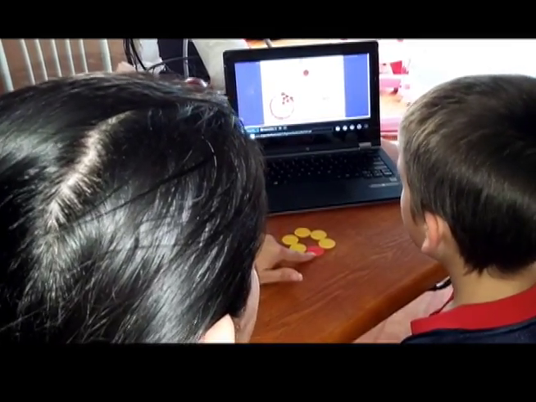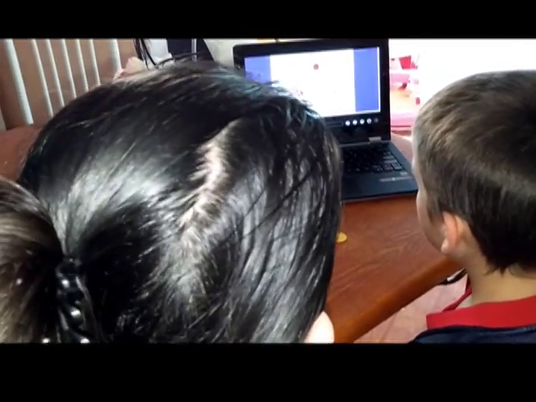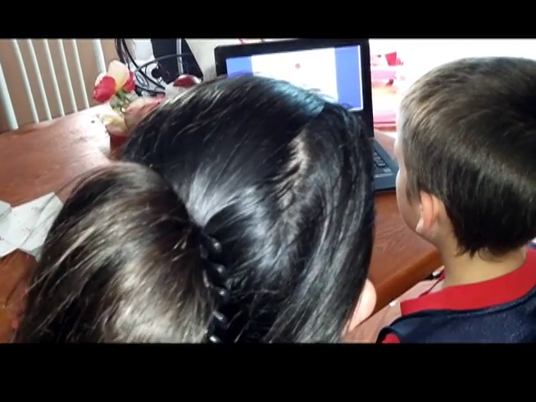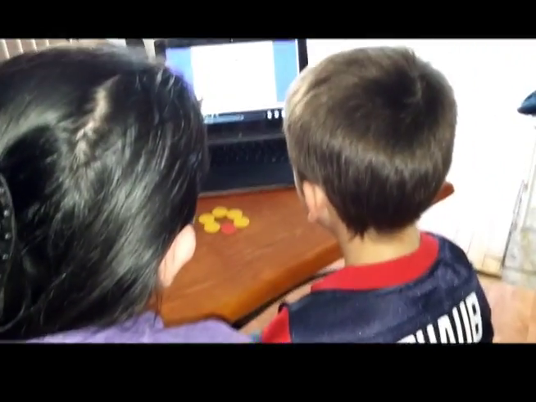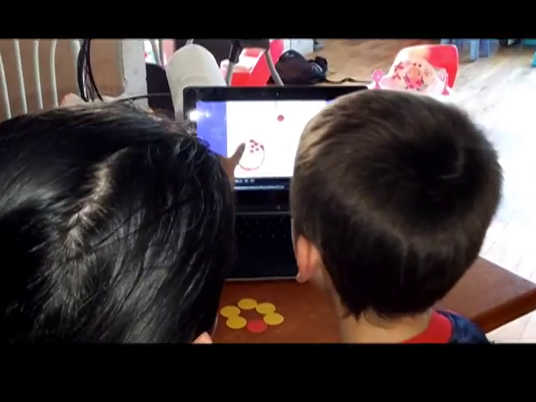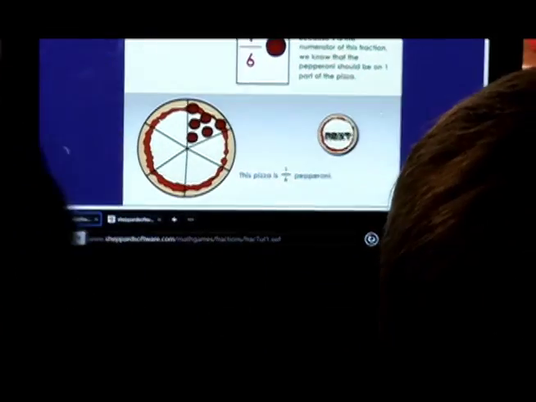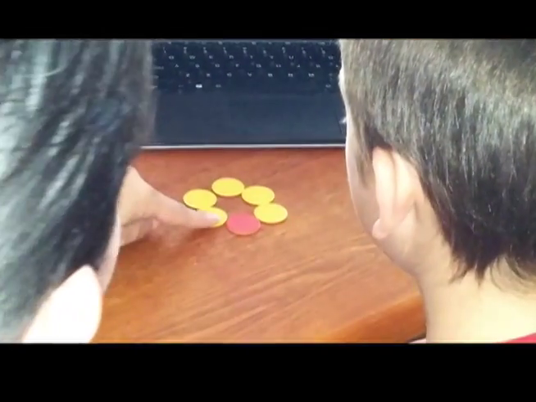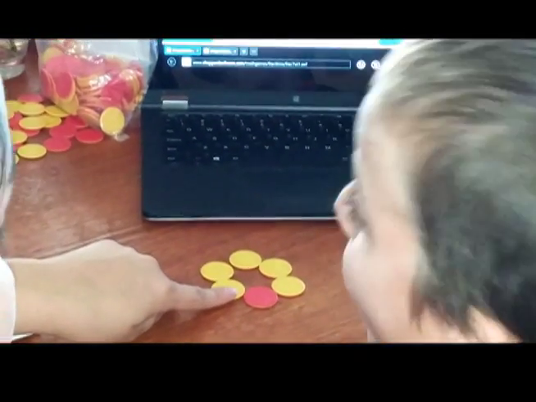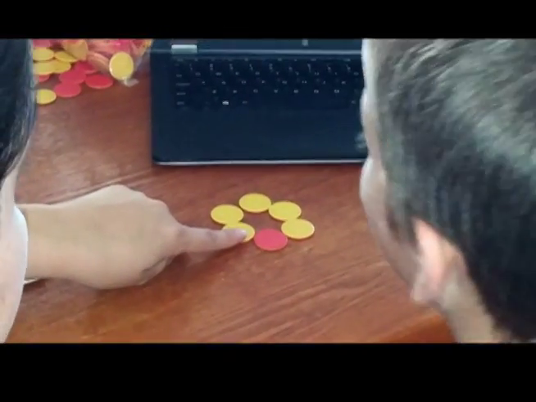Now you said that this would be the 1/6, correct? So look, you have one part here, and then look at this. You have one part that has pepperoni. Look, 1, 2, 3, 4, 5 parts do not have pepperoni, and that's all cheese. And look what you have down here. 1, 2, 3, 4, 5 parts do not have pepperoni. They're all cheese. Make sense?